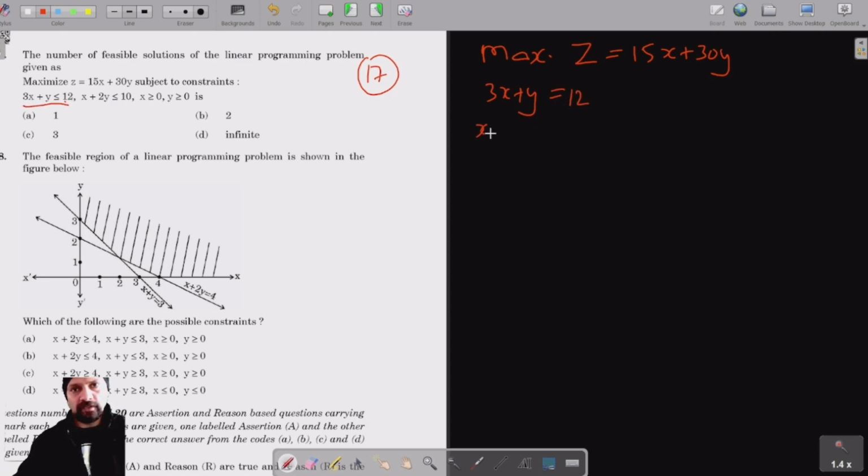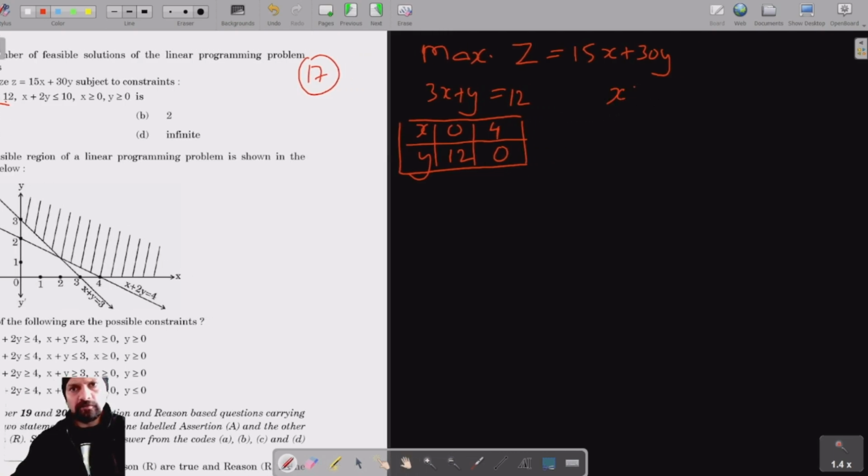When x is 0, y is 12, and when y is 0, x is 4. Now the next one is x plus 2y is equal to 10. So when x is 0, y is 5, and when y is 0, x is 10.